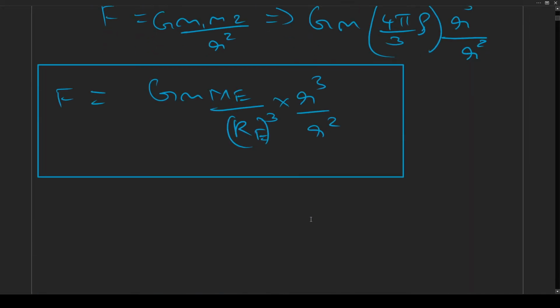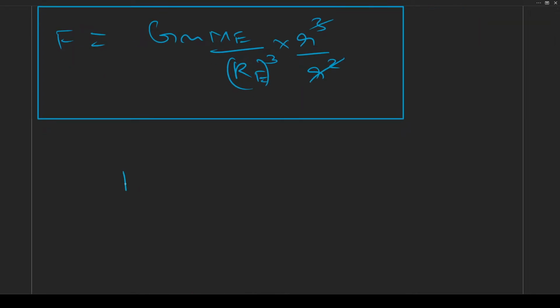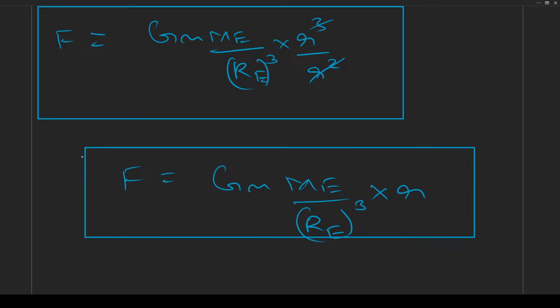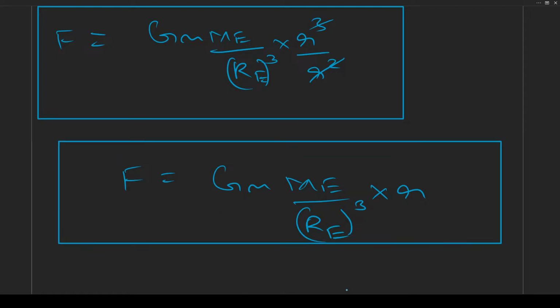Basically the r square and r cube will get cancelled, and there will be r remaining. F equals G m Me by Re cube into r. This will be the formula.